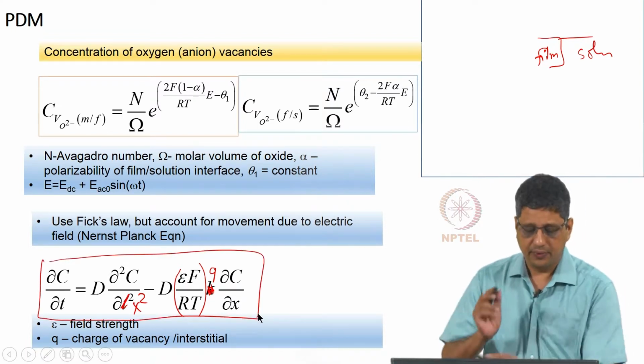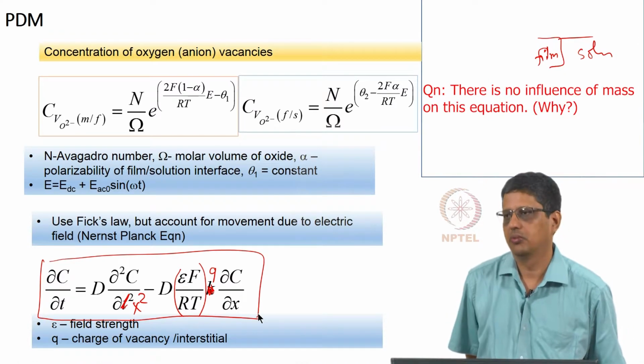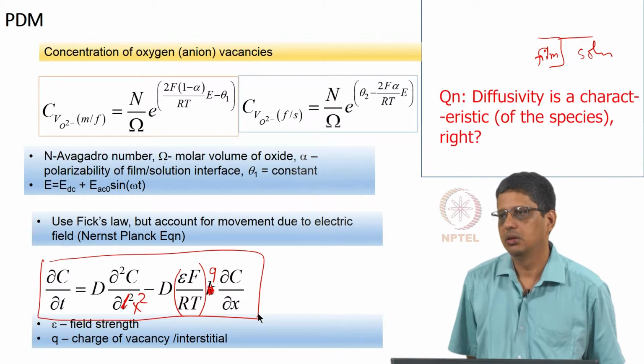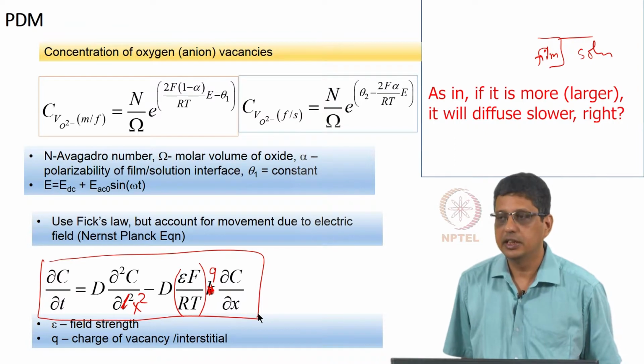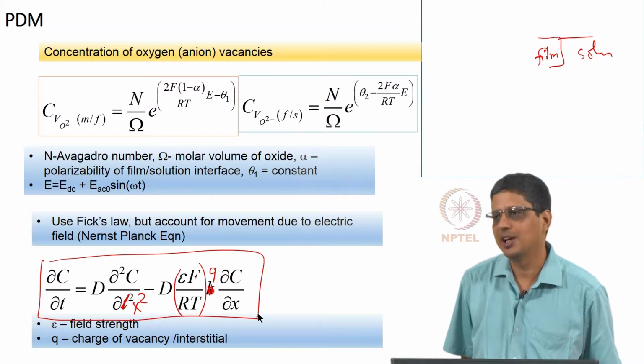Okay. So, there is no influence of mass on this equation? Diffusivity, why would the mass come there? Diffusivity is a characteristic. Yeah, but why would mass come there? I think if it is more, it will diffuse slower. See, you are saying if it is a larger volume, it may go slowly, that means diffusivity will be a smaller number.